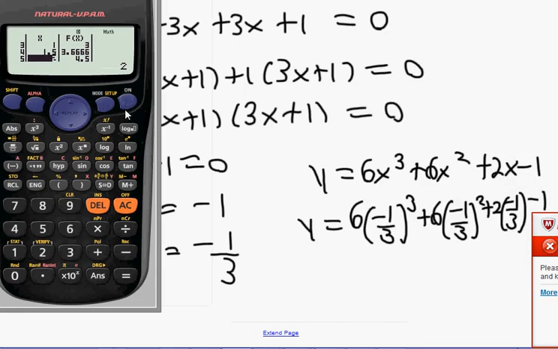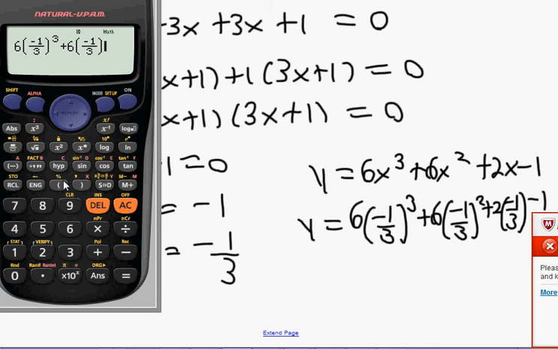Okay, so you would go to your calculator, and obviously you're just going to input all these values. Minus a third cubed, plus 6 times minus a third squared. Once you have it, let me know.